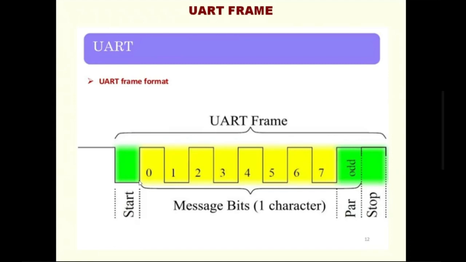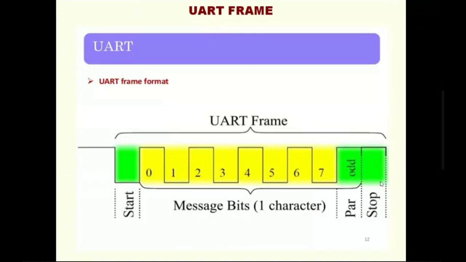That means through the RxD pin, the start bit will say, "Hello, there is serial data. Please open the door." That is the start bit. What about the stop bit? The stop bit will close the door. The start bit will open the door for serial communication in the receiver. The stop bit will close the door for the serial communication in the receiver. This is very interesting and very important.